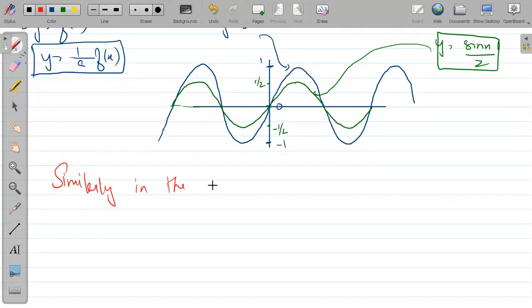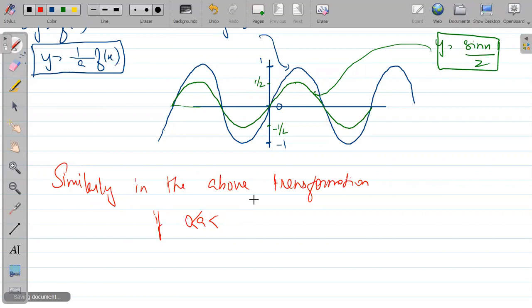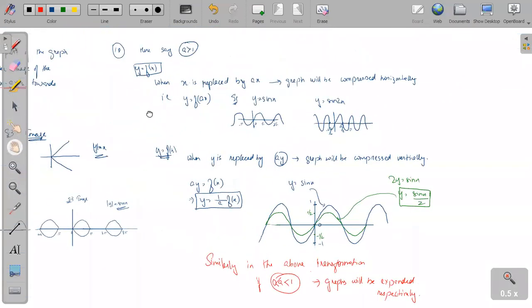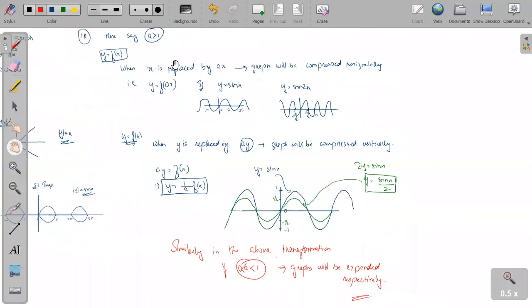In the above transformations, if a is positive and less than 1, I am taking positive only, the graph will be expanded respectively, in their own direction, horizontal or vertical, whatever direction you were taking. So I'm writing respectively. I hope it is clear to you. Is it yes or no? You have to tell me.